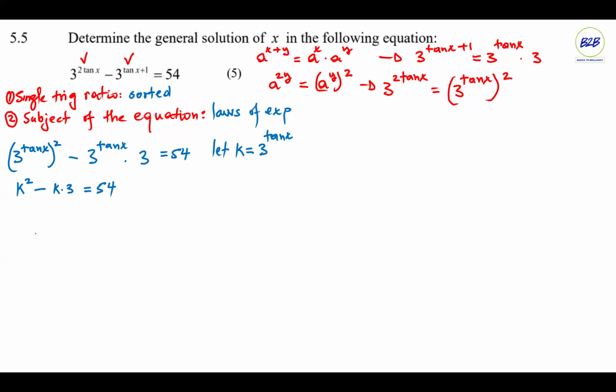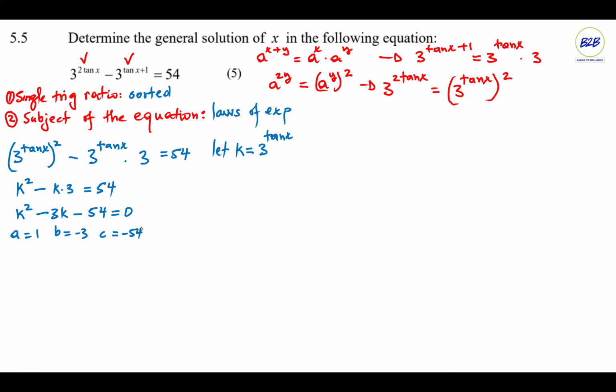Then let us just rearrange. k to the power 2 minus 3k minus 54 equals 0. So I've just taken the 54 from the right-hand side to the left-hand side of the equation. And then what do we have here? We have that a is equal to 1, b is equal to minus 3, and c is equal to minus 54.